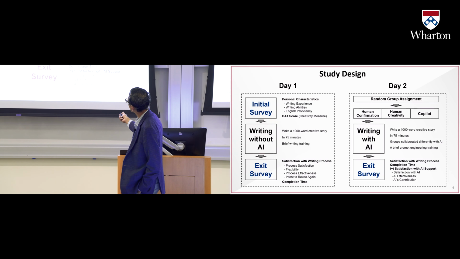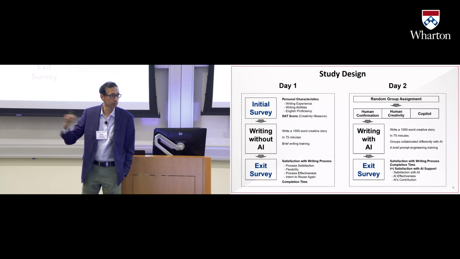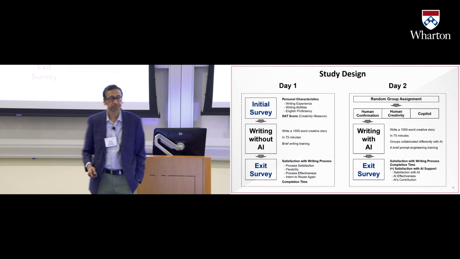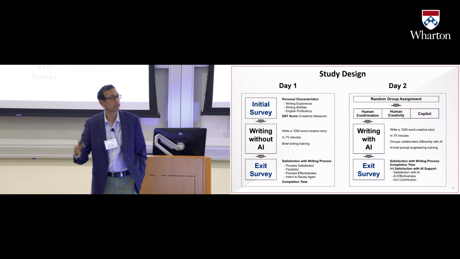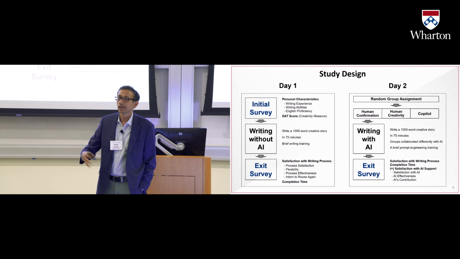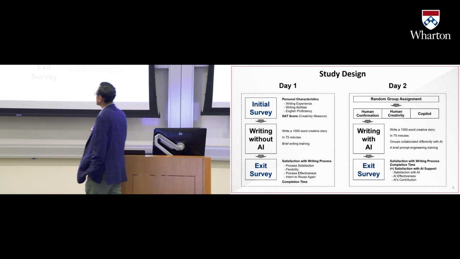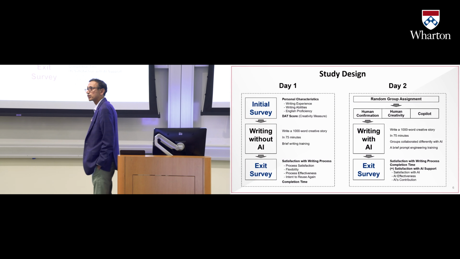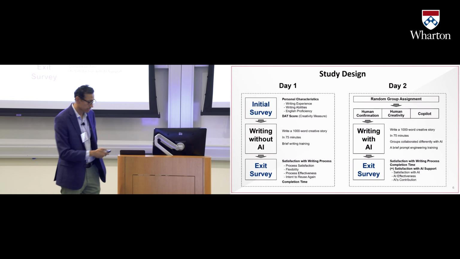They go through the same process of writing the story, the only difference being that they use AI in the way described for their group. They also have a brief training in prompt engineering, so they know how to use various prompt engineering principles. Finally, they complete a similar exit survey with some additional questions about satisfaction with the AI itself. So that's the general design.